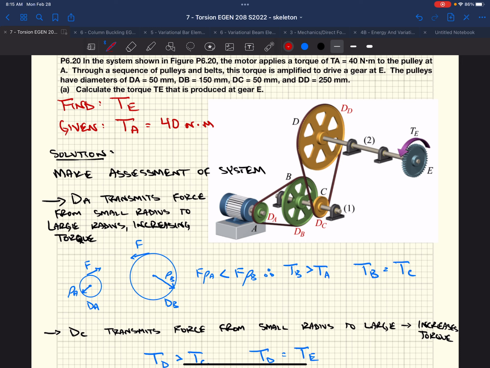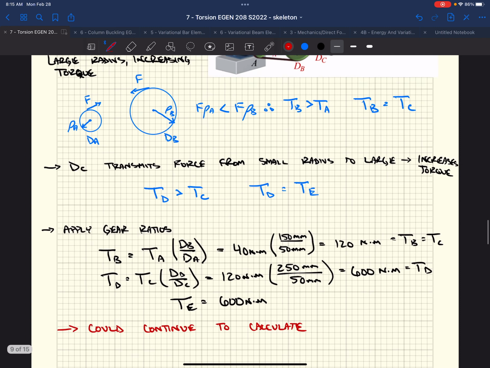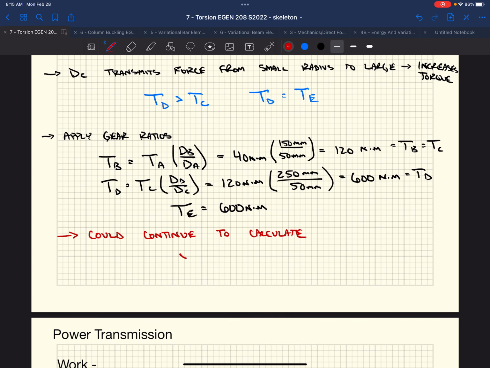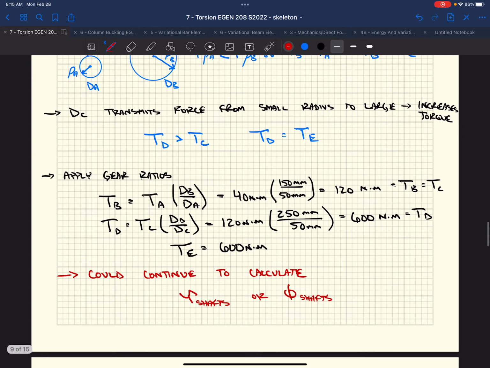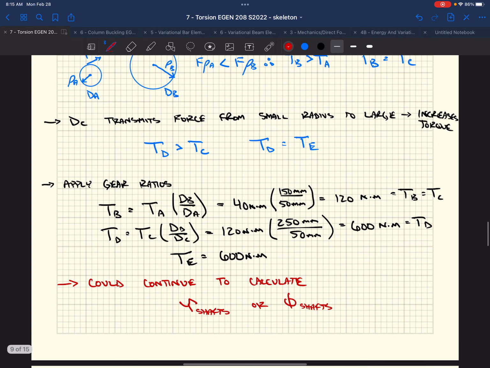We could also figure out the angular rotation if there was an alignment issue with this, right? So we could calculate tau of the shafts, shear stress of the shafts, or rotation of the shafts. And so on.